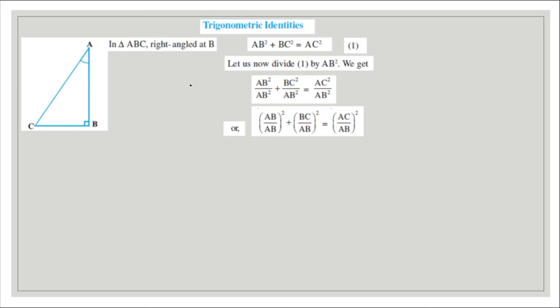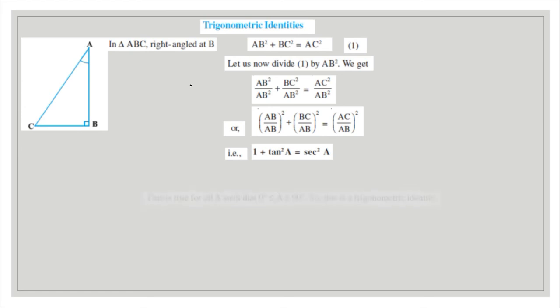With respect to angle A, what is BC upon AB? BC is the opposite side, AB is the adjacent side. So opposite side upon adjacent side is tan theta, and AC is the hypotenuse, AB is the adjacent side, hypotenuse by adjacent side is secant theta.